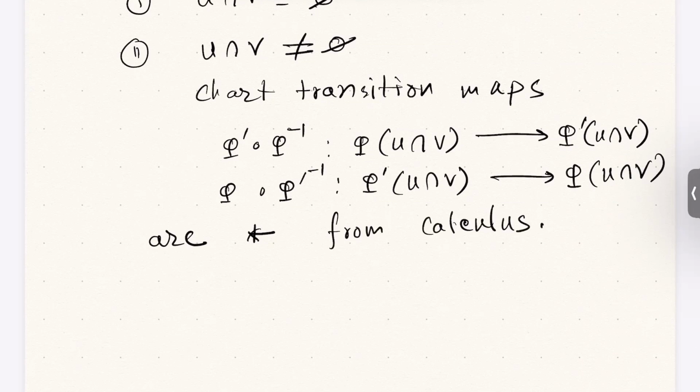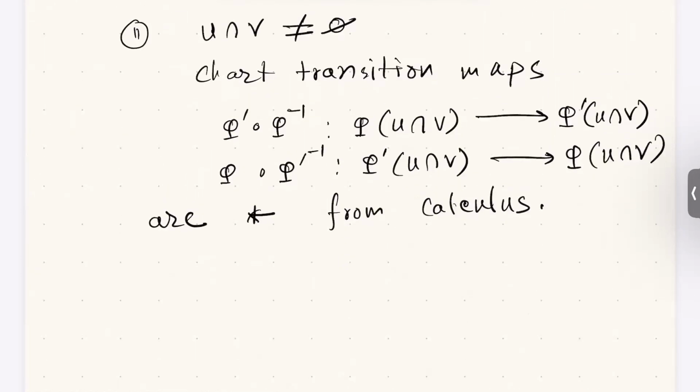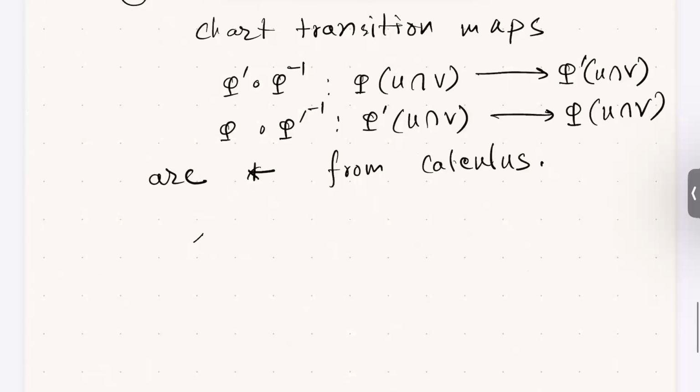Although I don't mention what star is, the star can be anything from the calculus. So if I consider only the manifold, the star is just continuous. If I consider the star to be C1, C1 is what? It is continuously differentiable maps, right?